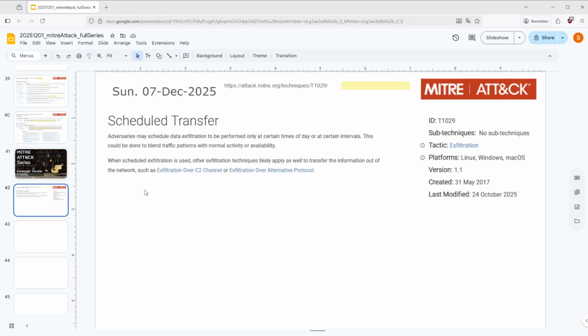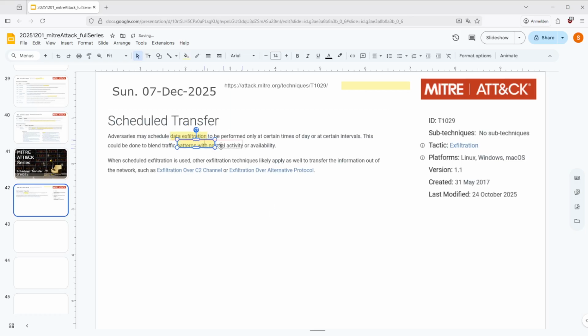Let's try to read what we have here. Scheduled transfer: adversaries may schedule data exfiltration. And this is what we talk about here, right? Scheduled transfer can be malicious, it can be non-malicious. You can have scheduled transfer operations in a good way. But here we talk about exfiltration of data to be performed only at certain times of day or at certain intervals.